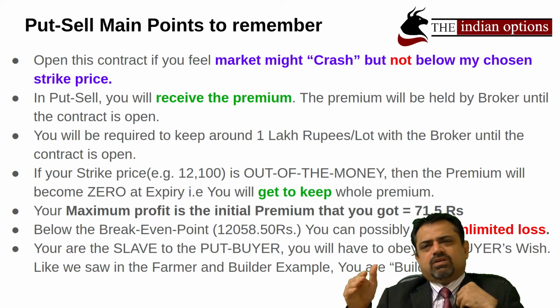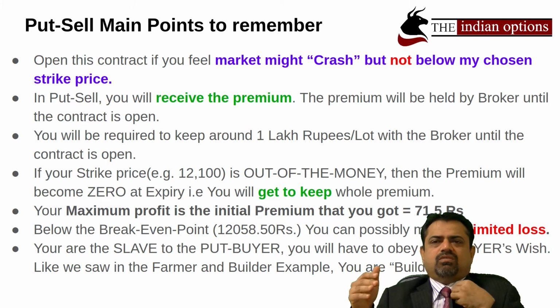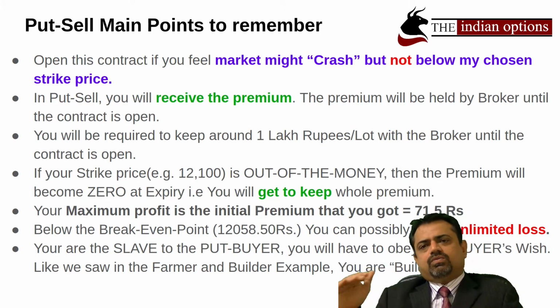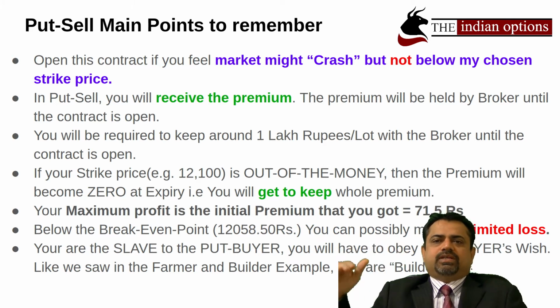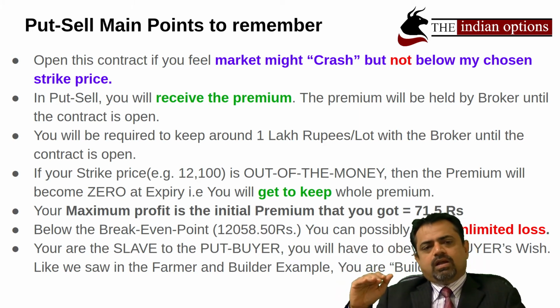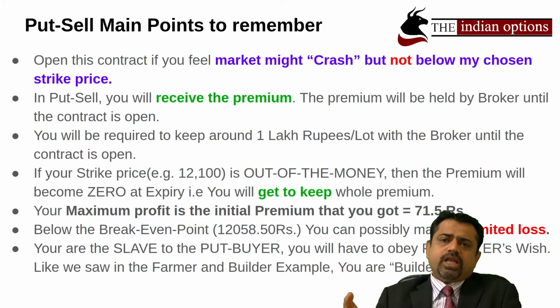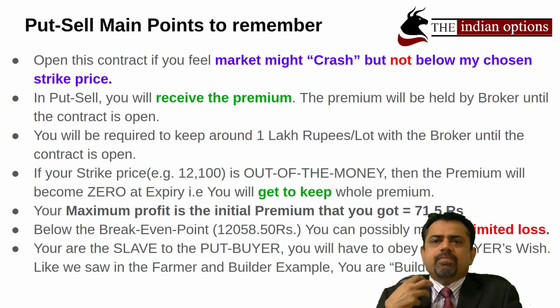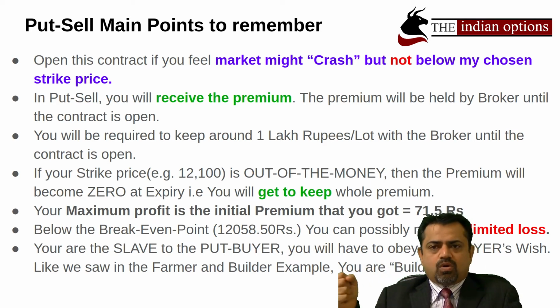It might go till 12,200 or 12,150, but not below 12,100. That is when you choose the strike price as 12,100, right? In the put sell, you receive the premium, and the premium will be held by the broker until this contract is open.